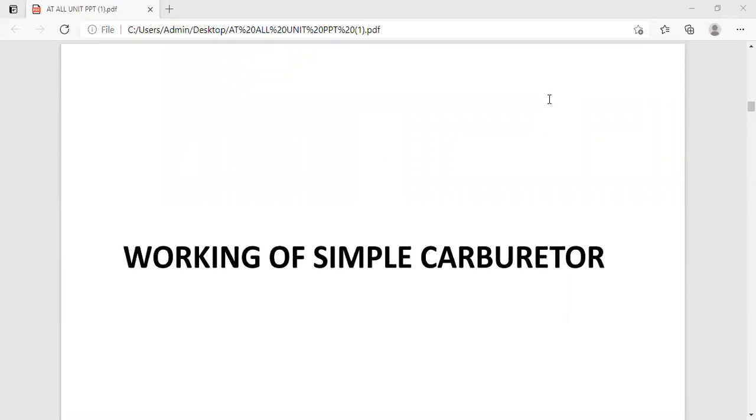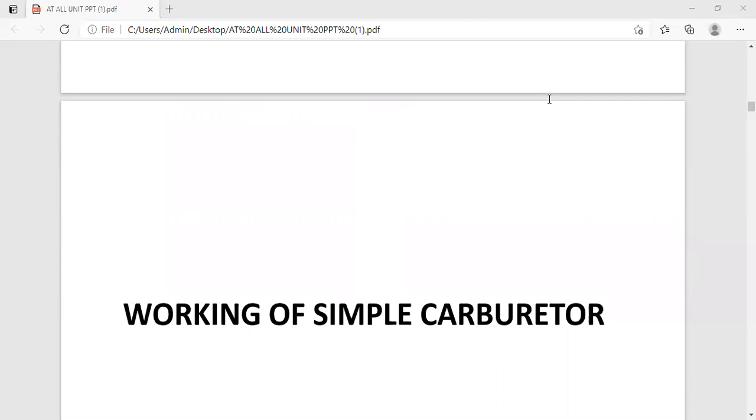First of all, what is meant by carburation? This definition is very important. The process of preparation of a mixture of atomized fuel and air before admission to the cylinder is called carburation. And what is meant by carburetor?